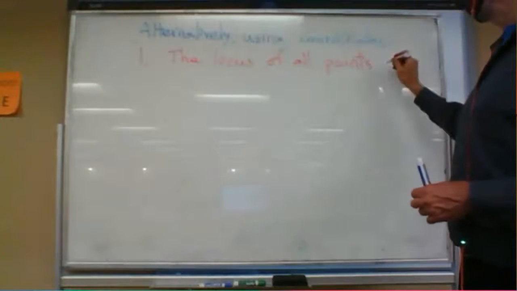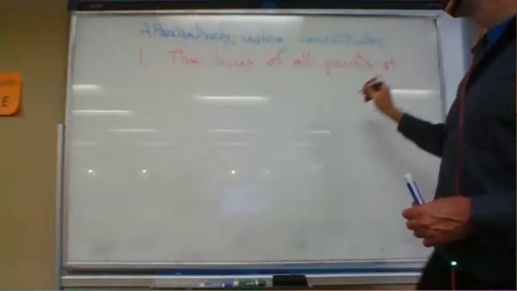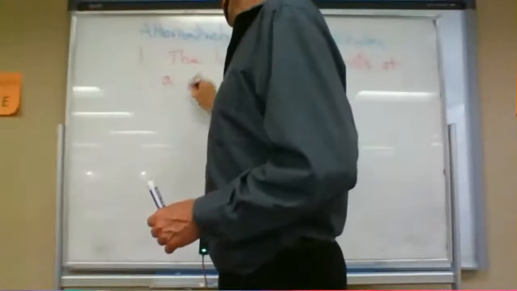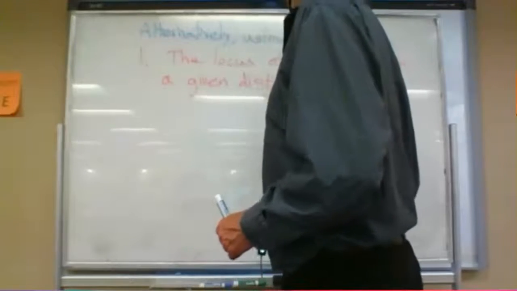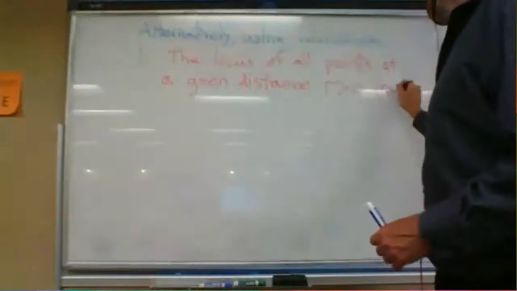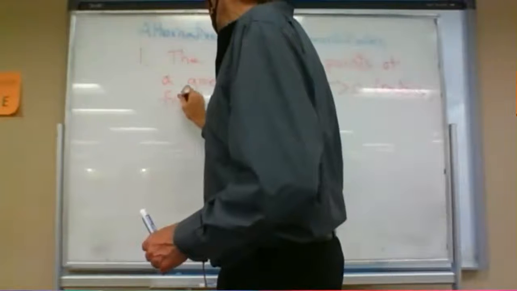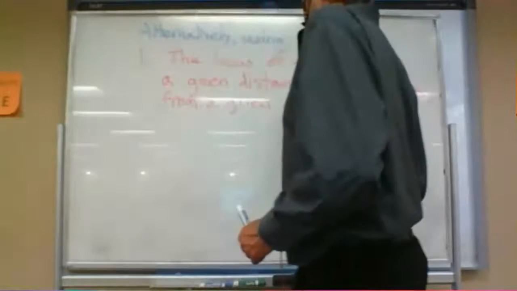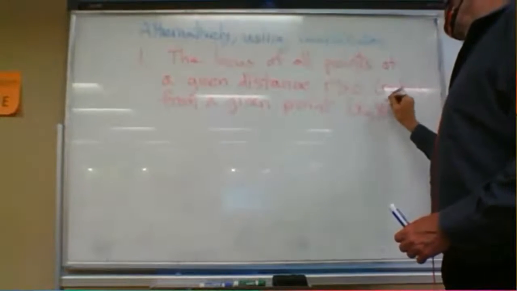The locus of all points in the plane at a given distance r greater than 0, called the radius, from a given point, x0, y0, let's say, called the center, is called what?